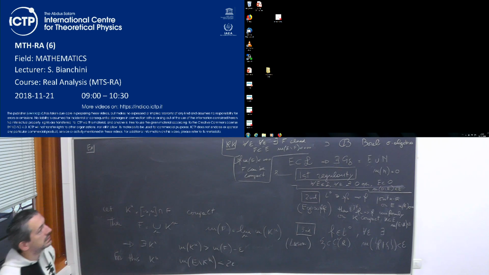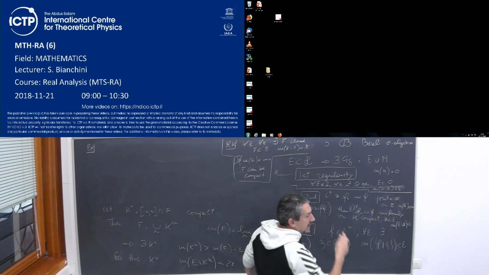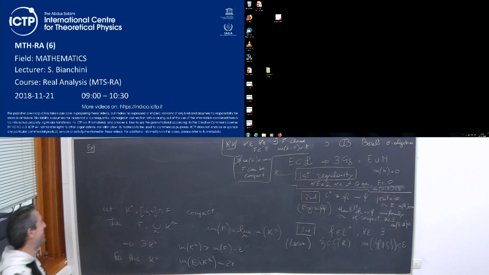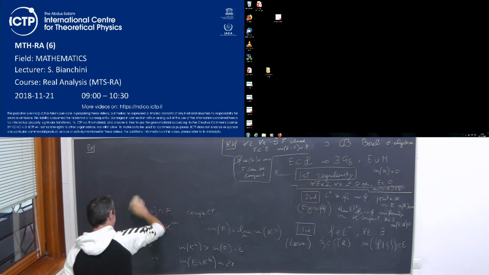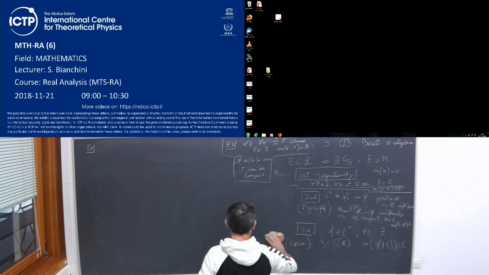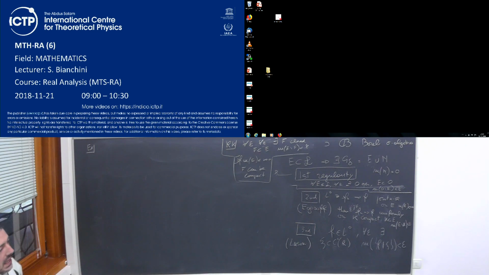Excuse me, this should be less than epsilon, measure of E minus F. Because I was thinking already to write this guy. If the measure of E is less than plus infinity, F can be compact. Okay, so this is the addendum.